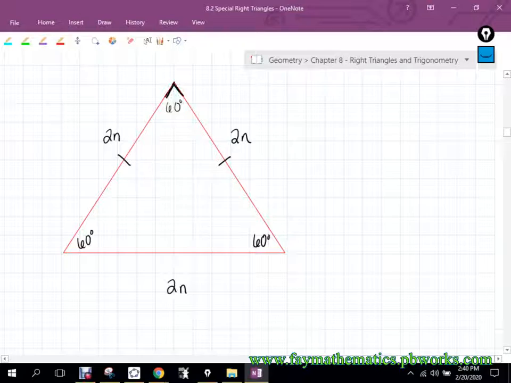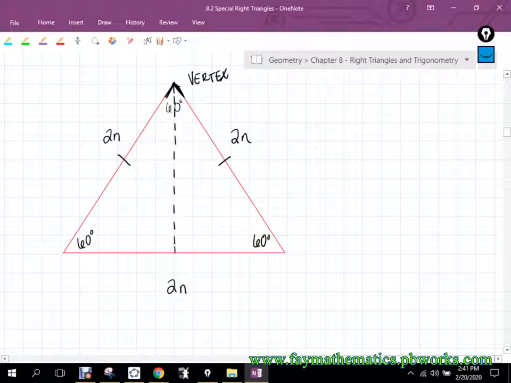If that's an isosceles triangle with those segments being congruent, this angle right here was referred to as the vertex angle. You guys remember that if I bisect the vertex angle in an isosceles triangle, it creates that segment right there. That is the bisector of that 60 degrees. If it's the bisector of 60 degrees, what does that turn that 60 into? 30 and 30.